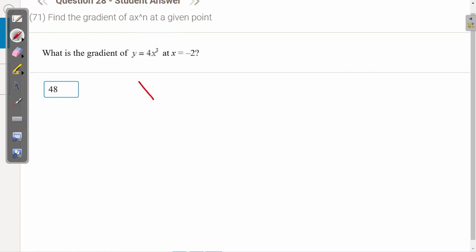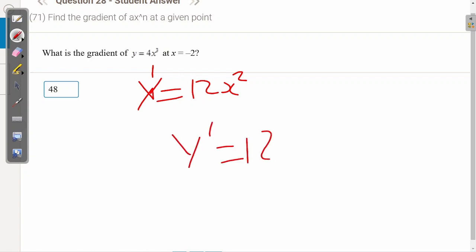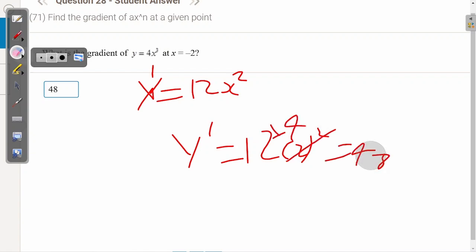So like y equals x to the 3... I mean, it multiplies to the 4, so 3 times 4, 12 x squared, because you took away a power. Okay, so that's the derivative. Now they want it at negative 2, so y prime equals 12 times 2 squared. 2 squared is 4. 4 times 12, 48.